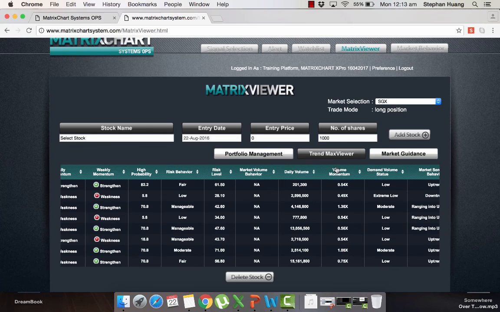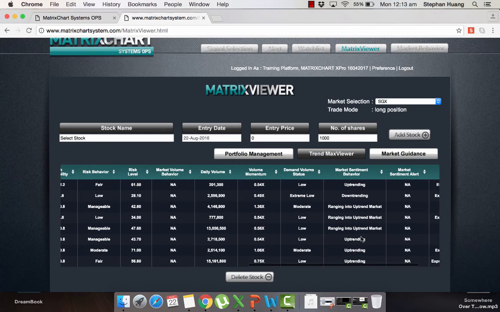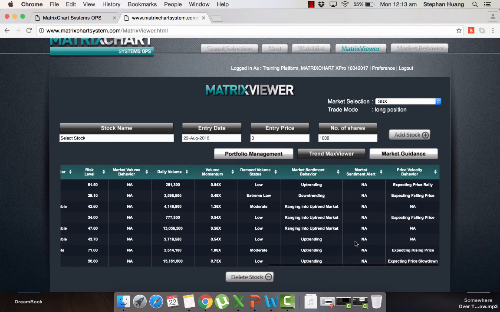I look at the volume momentum. I make sure it's 2 times the dominant volume. If it's 2 times, I'll take a close look for entry. And I'll look at the market sentiment behavior, and also to get a sense of the expectation. So for example, it says price is going to rally, falling price, rising price, right, expecting price slowdown, etc, etc.